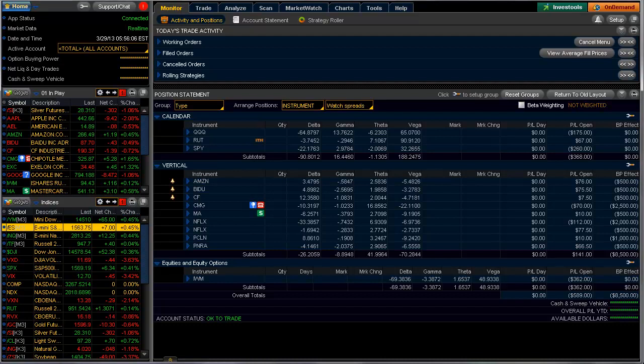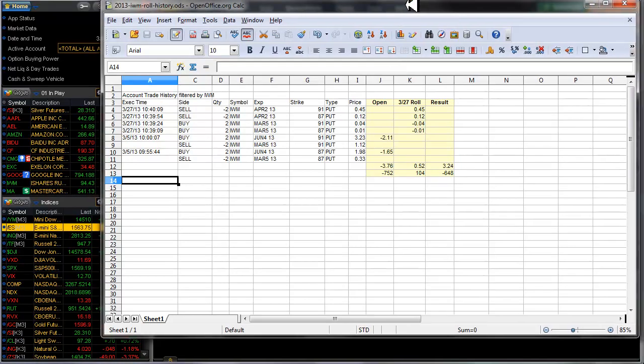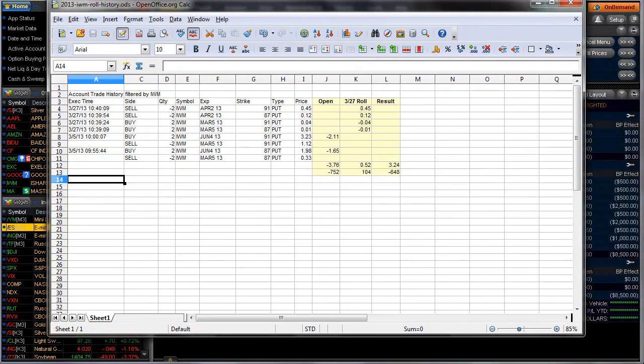Let's see here. I want to come over here. Okay. So I periodically do this: analyze the data and slice it and dice it.